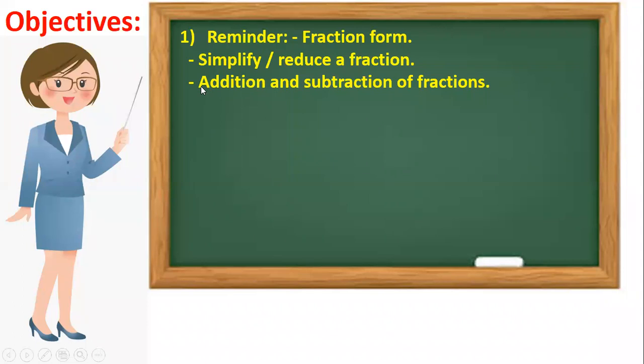Also from last year, I will remind you of addition and subtraction of fractions. In grade 4 and in grade 5, you have studied addition and subtraction of fractions. So all of these in objective 1, these are as a reminder from last year.